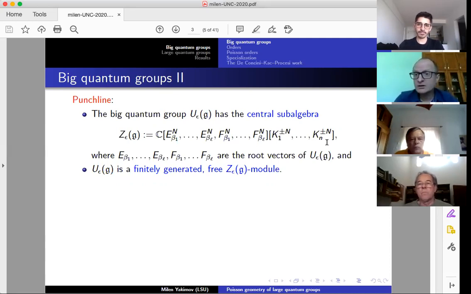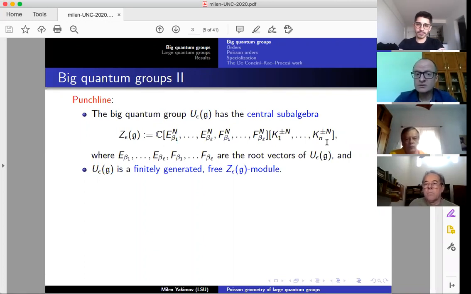And the goal here is to describe all irreducible representations of this quantum group. And these irreducible representations enter in a number of subjects that have nothing to do with quantum groups, like topological quantum field theory, invariants of knots and links in three-dimensional manifolds.